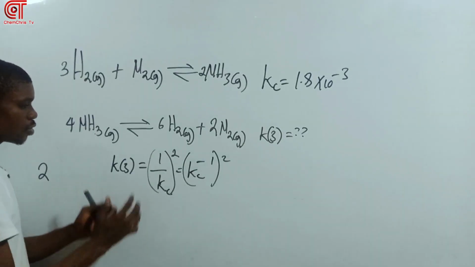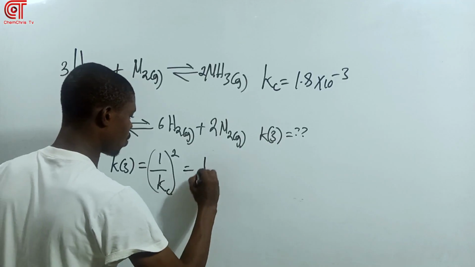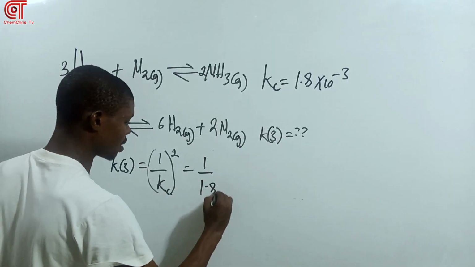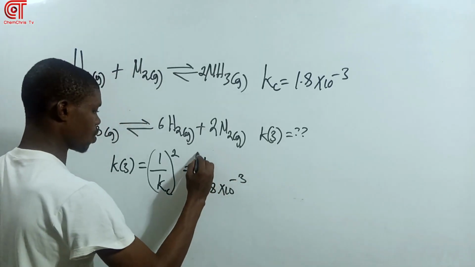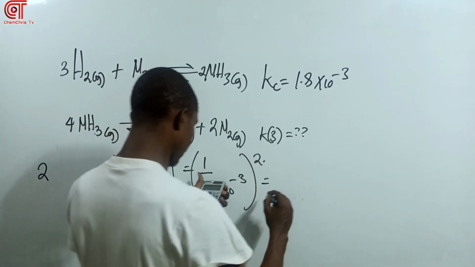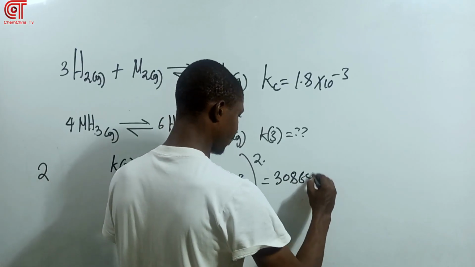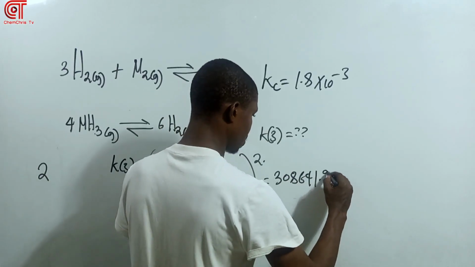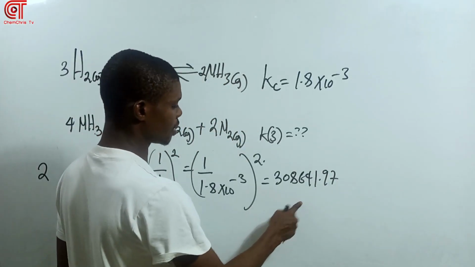This is one thing you really want to do here. So 1 over 1.8 exponential minus 3, all raised to the power 2. Here we have 308,641.97. Now we can convert it to standard form.